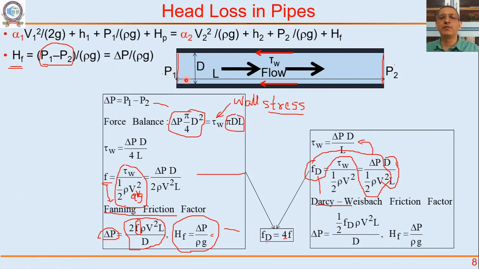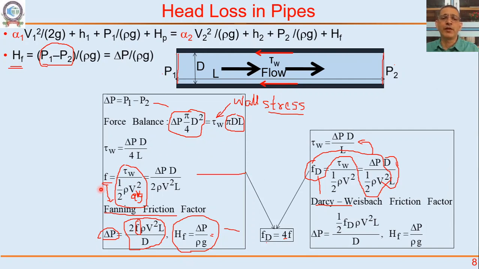You will measure this P1 minus P2 for a certain amount of flow. We are going to measure the flow. So in short, we are going to measure this P1 minus P2. You're going to calculate HF. You're going to calculate tau W, and you're going to calculate friction factor, because you are going to measure the flow.